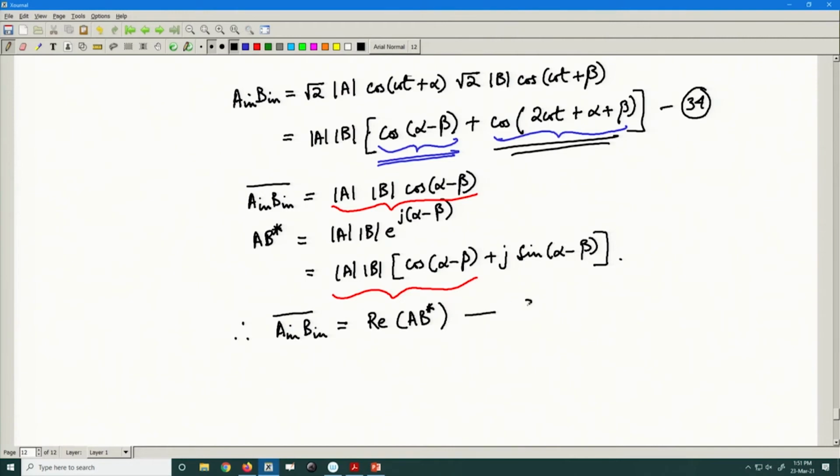We name this equation 35. So, this equation is the basis for our definition of the complex power. We will see how.